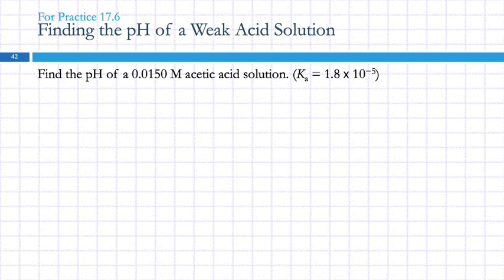This is a similar problem, but they're asking us to find the pH of a weak acid solution. Well, what do we need for pH? The concentration of the hydronium ion. So we're going to do the same process, but then we're going to take the hydronium ion concentration and calculate the pH from it.